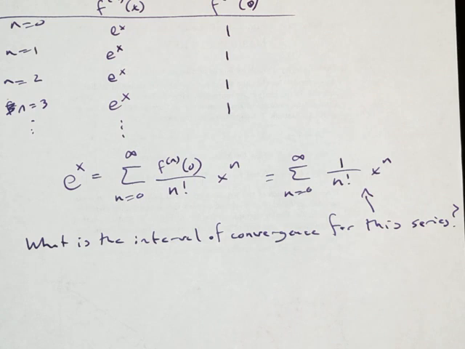How do I find an interval of convergence? I'm going to do the radius of convergence thing. Ratio test. Whip out the ratio test. Tell me what you get.